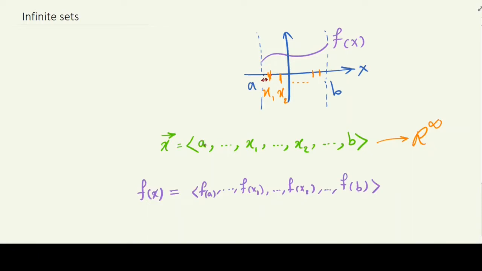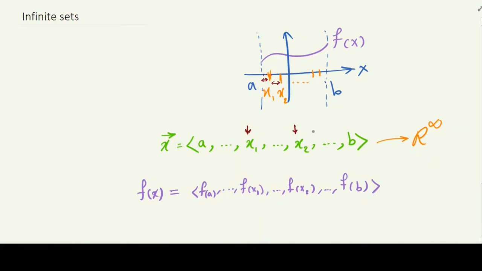So you're going to have a as the first component, and then after an infinite number of coordinates, you get to x1, and then similarly you're going to have an infinite number of points between x1 and x2, and after that you get to x2, and similarly you can keep going until you get to the last point of this interval, which is b.